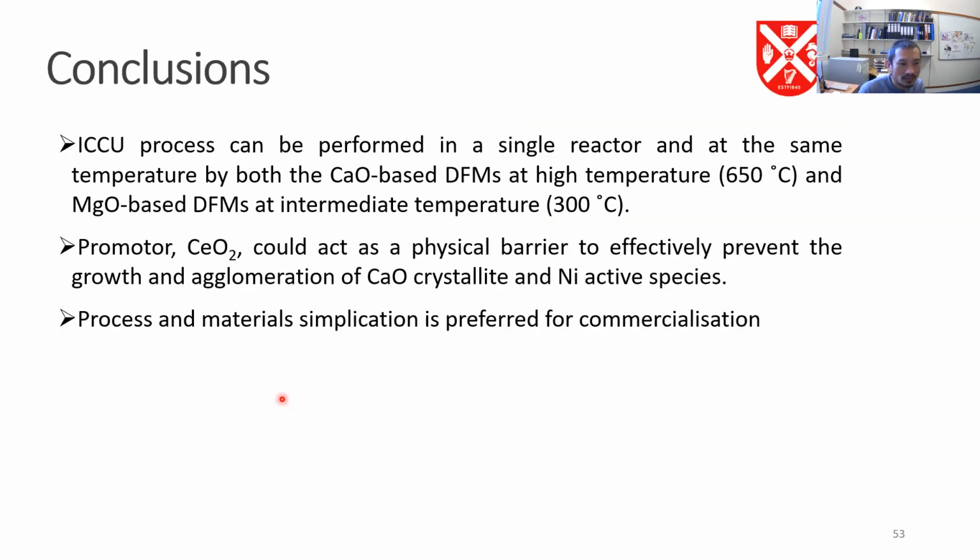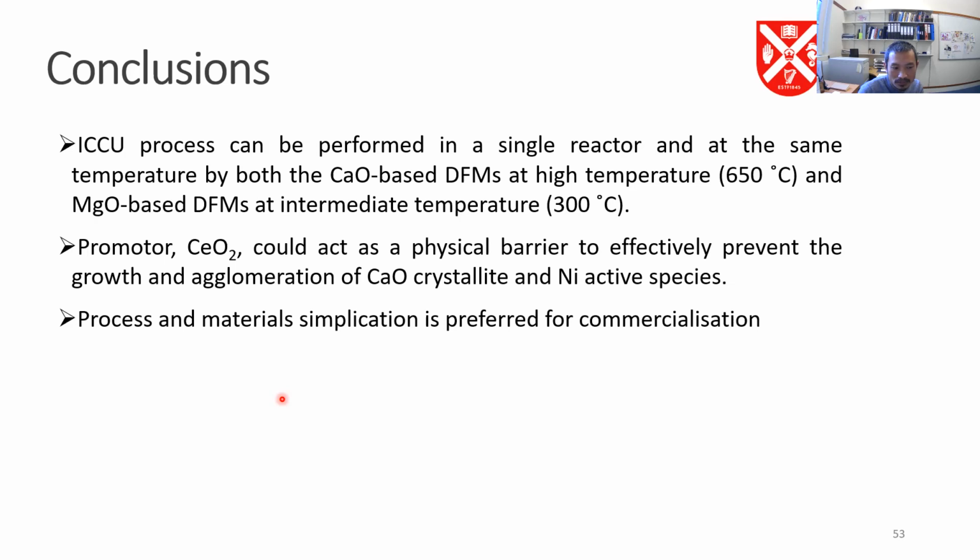So in conclusion, the ICC, I think, is a very promising material, concept and technology, which can significantly reduce the energy requirement and also simplify the CO2 capture and utilization process. But the materials are very important, whether dual function materials or just calcium oxide alone, and also the promoters, the combination of catalyst, material and solvent, and the reaction temperature are really important.